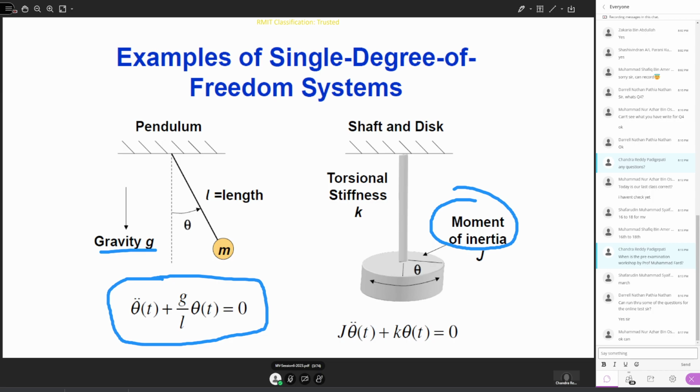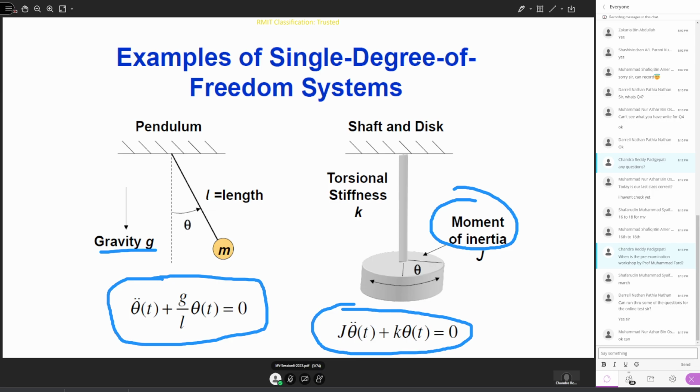Okay, so the same equation of motion considering the moment of inertia. If you have a torsional disk like this, the equation of motion for this system will be in terms of J. J gives you the moment of inertia. So depending on the shape of the system, whether it's a link or a rectangle, the mass moment of inertia can be taken from geometric properties.